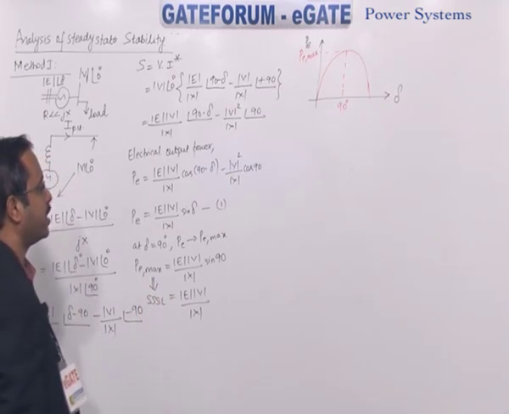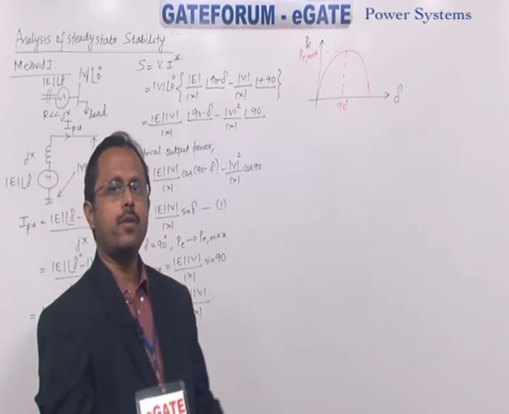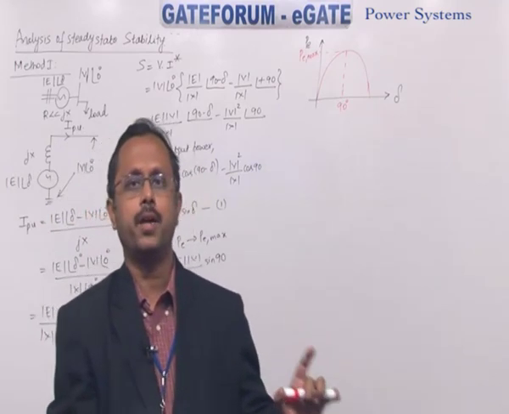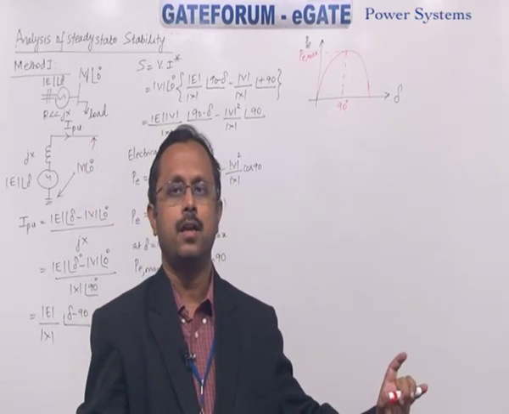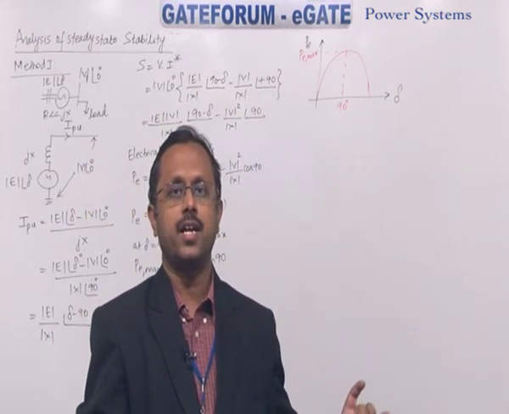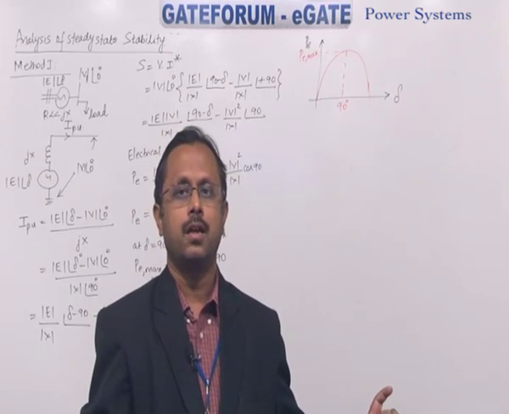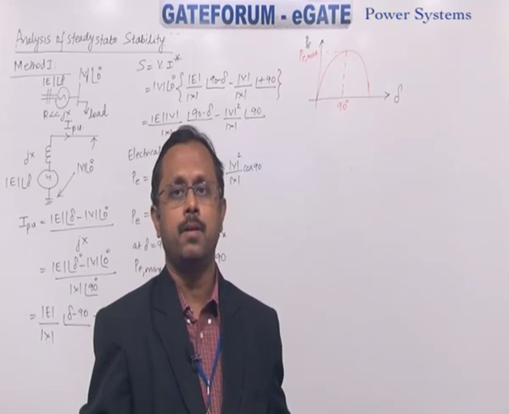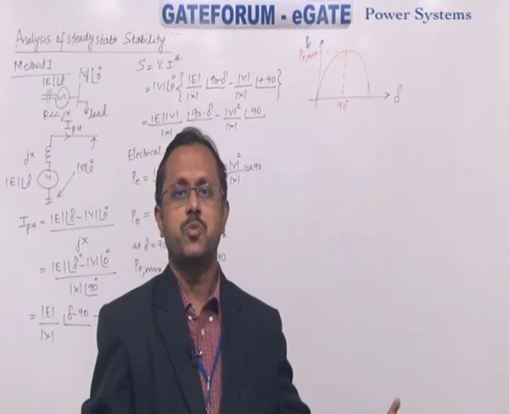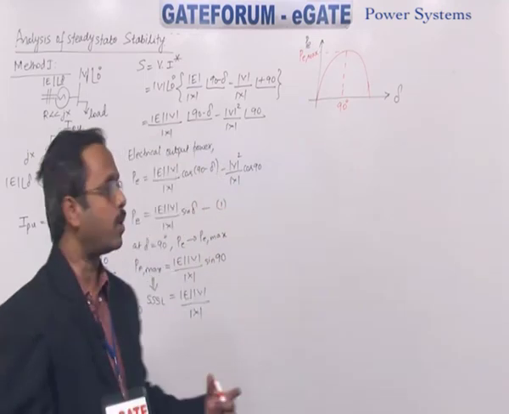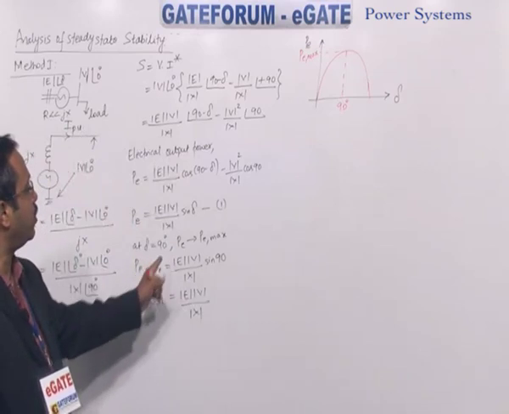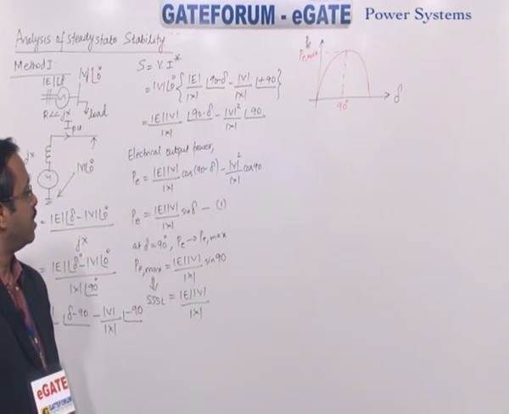Steady state stability limit. So how do you define the steady state stability limit? Maximum active power transmitted from sending end to receiving end of a transmission line by maintaining synchronism with externally connected transmission line for small and gradual changes in load demand, and when it is possible at delta equal to 90 degrees, maximum power is transmitted.